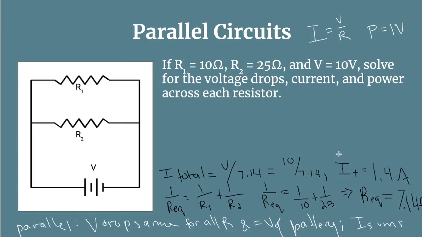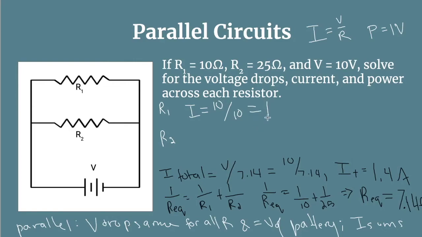So what we're going to do with this total current is use it to check our values that we get here, because we know that we should find the current in this plus the current in this equals this value. So now let's start working with our individual resistors, R1 and R2. So we know that I is equal to the voltage across this, which we know is 10, over the resistance, which is given also to be 10 for R1.